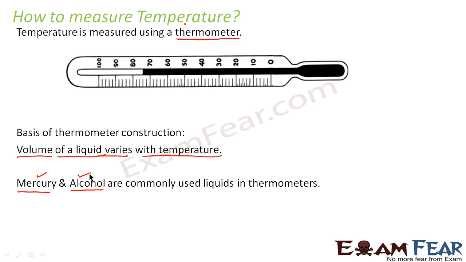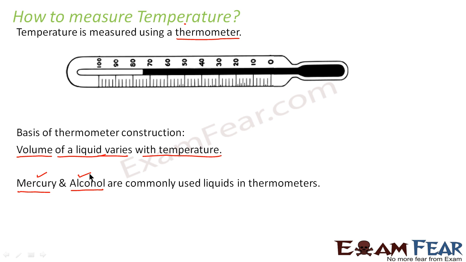There are various reasons. For example, if you compare water with mercury, what do you see? If water is placed in glass, water sticks to the glass of the thermometer. Now, if the liquid sticks to the glass, it will not be freely moving through the tube. Whereas, mercury doesn't stick to the wall of the thermometer.